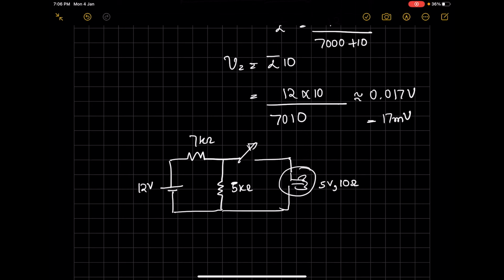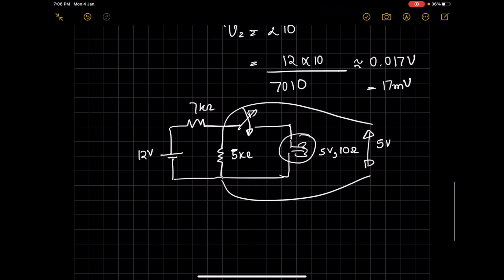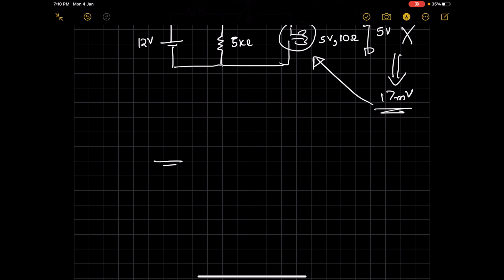Before we close the switch, the voltage across these 2 points was 5 volt, and the bulb also required 5 volt, so we were good till here. Once we close the switch, the voltage here is no more 5 volt, it has dropped down to 17 millivolt.